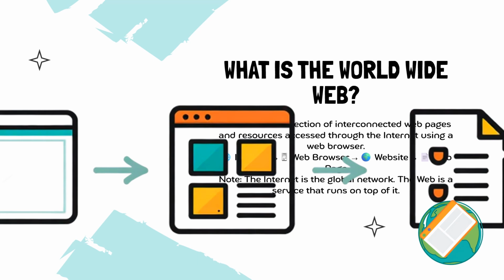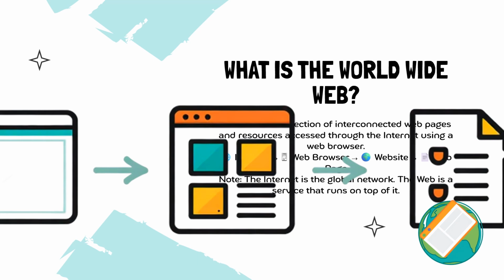So, what exactly is the World Wide Web? The World Wide Web is commonly called the web, triple W, or www. It is a collection of interconnected web pages and resources that we access through the internet using a web browser.